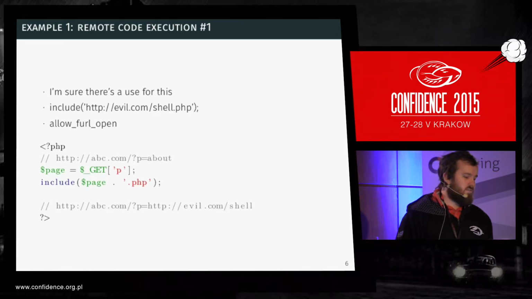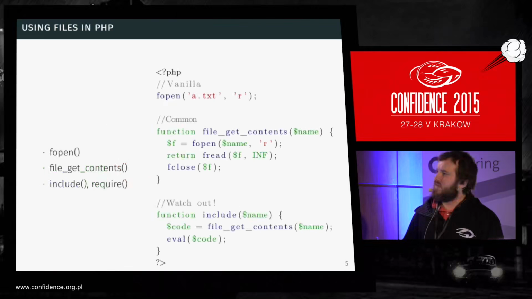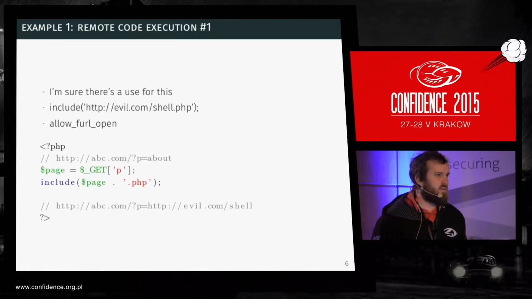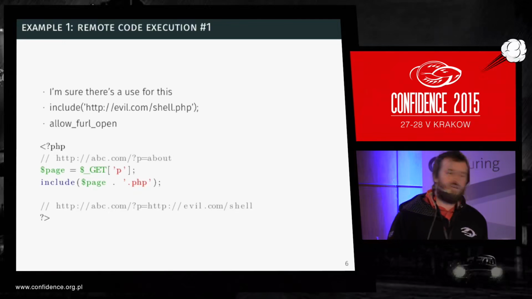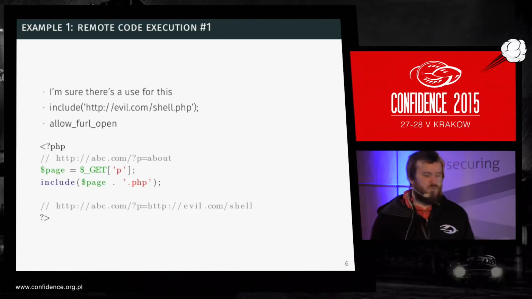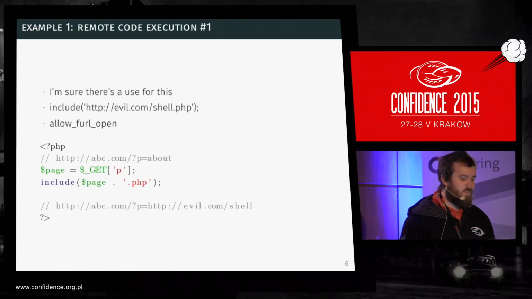Since include can open any file that fopen can open, not just regular local files, you can do a simple remote file inclusion. Of course, people have realized this, and we have added security options like allow_url_fopen to prevent stuff like this.